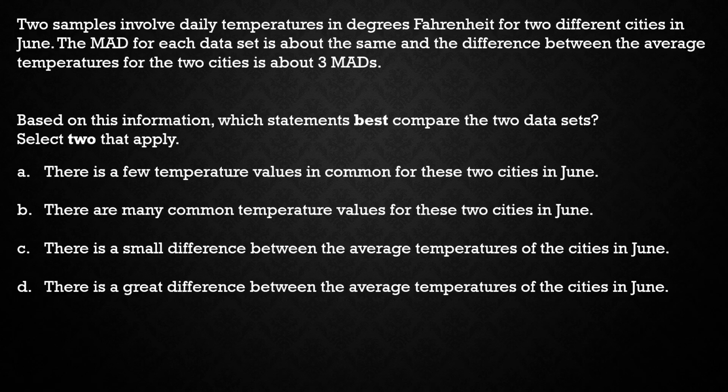Alright, so now we're starting to drift away from those volleyball and soccer players, and we have a different scenario. It says that 2 samples involve daily temperatures in degrees Fahrenheit for 2 different cities in June. The mean absolute deviation for each data set is about the same, and the difference between the average temperatures for the 2 cities is about 3 mean absolute deviations apart.